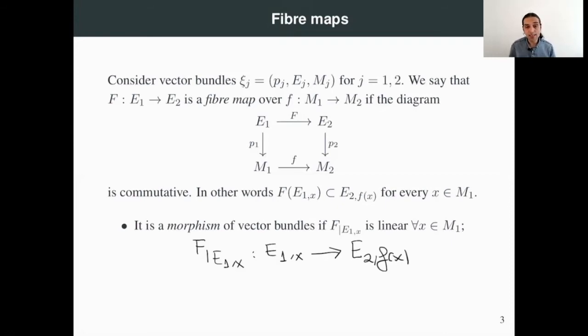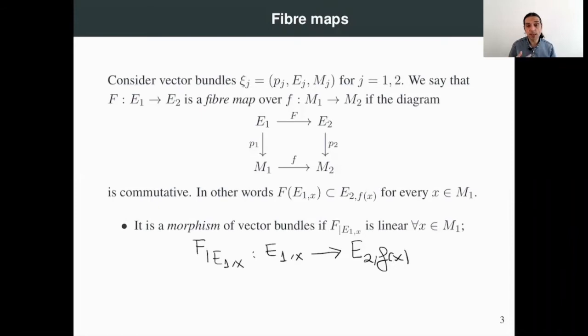And since this is a map between vector spaces, we can require that it is linear. And indeed, by definition, if it is linear for every X in M1, then we say that our fiber map is indeed a morphism.